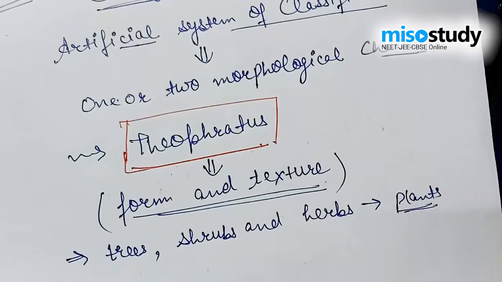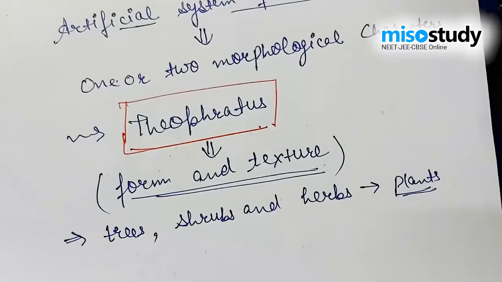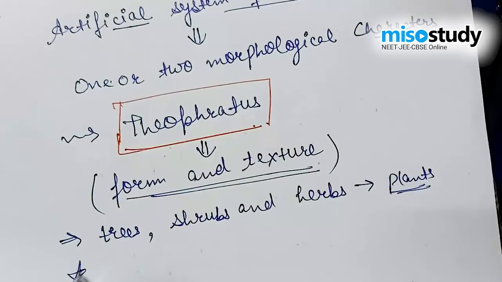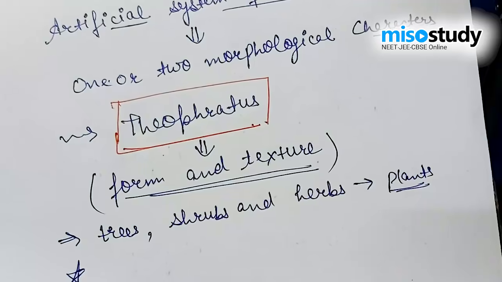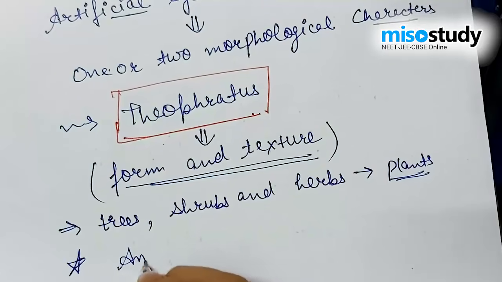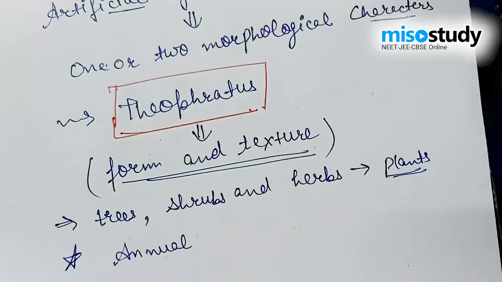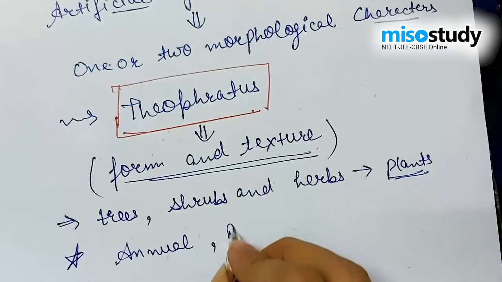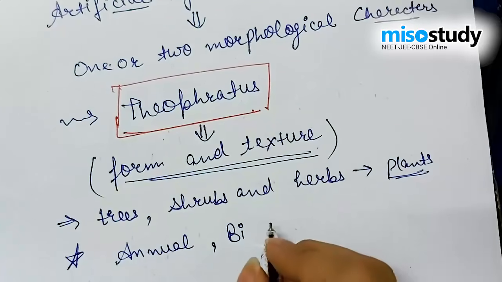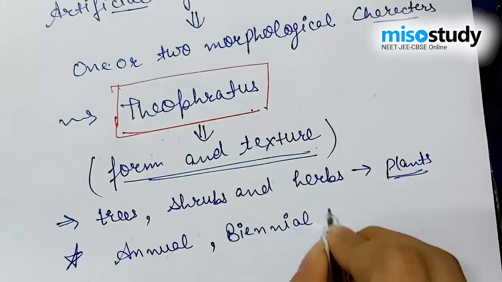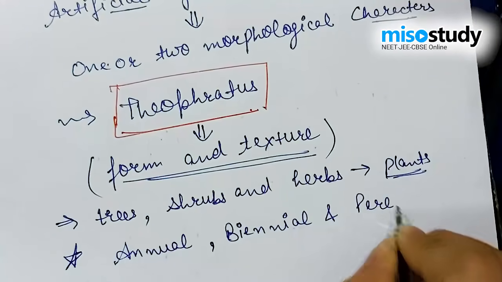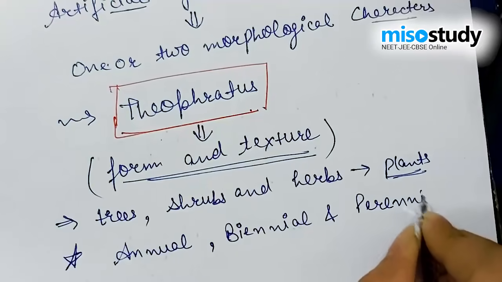Apart from that, on the basis of their life cycle, he also distinguished the various plants as annual plants, biennial plants, and perennial plants.